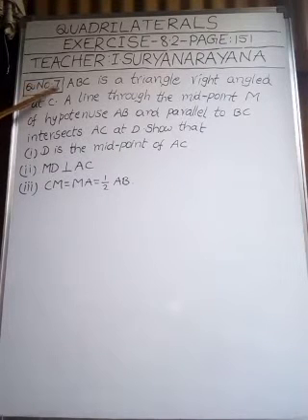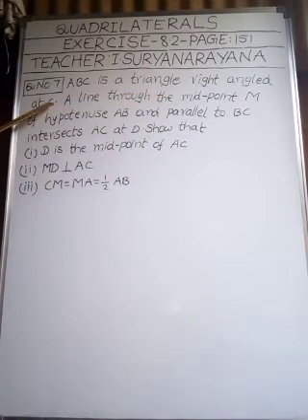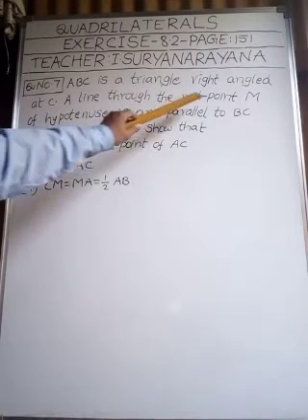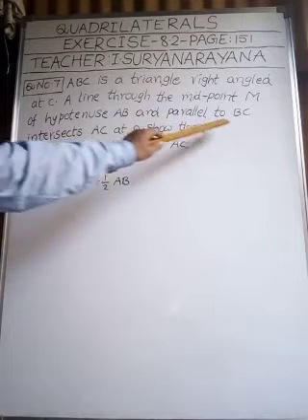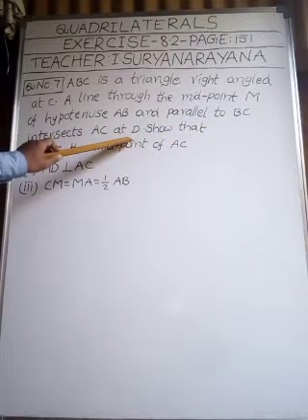Now come to the next question. Question number 7. ABC is a triangle, right angle at C. In this triangle at C, right angle is formed. Okay, my children, understood this step? A line through the midpoint M of hypotenuse AB and parallel to BC intersects AC at D. Okay, my children.